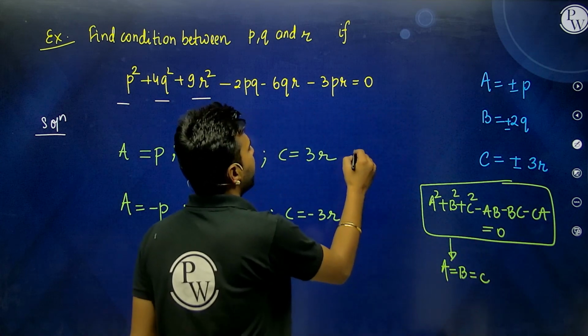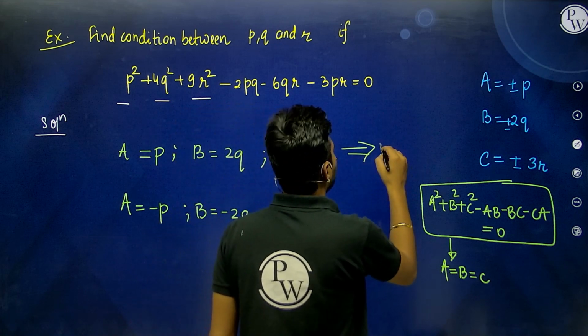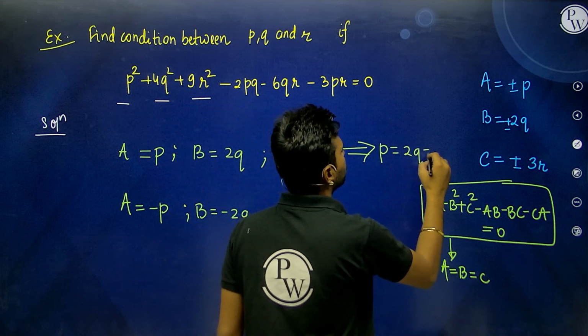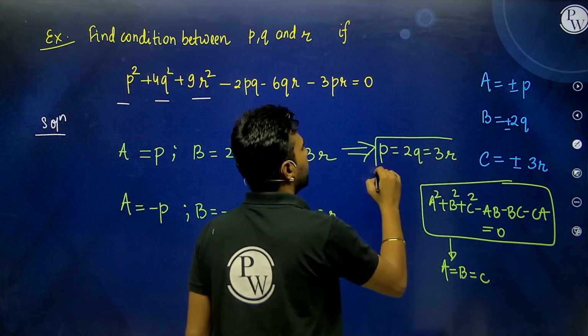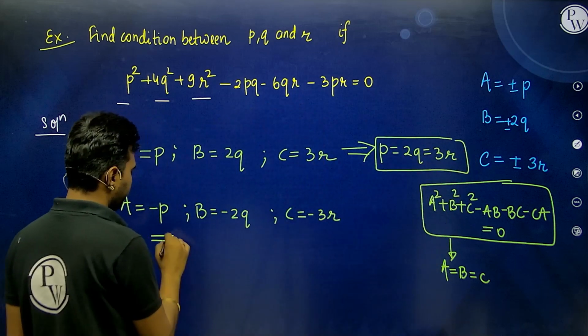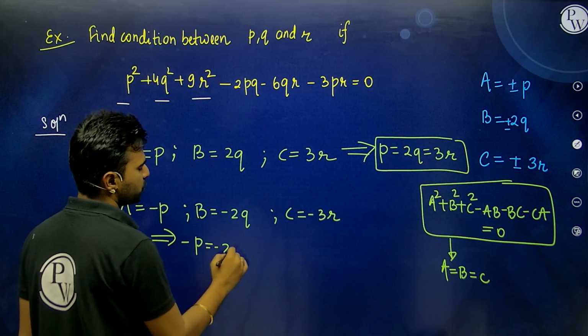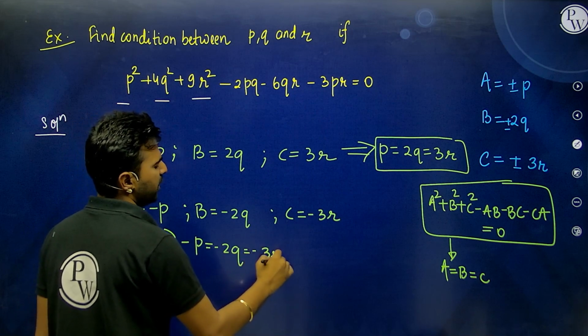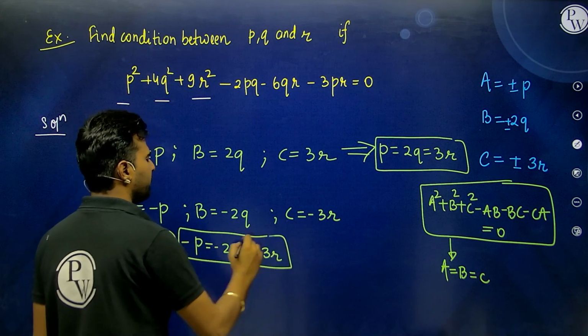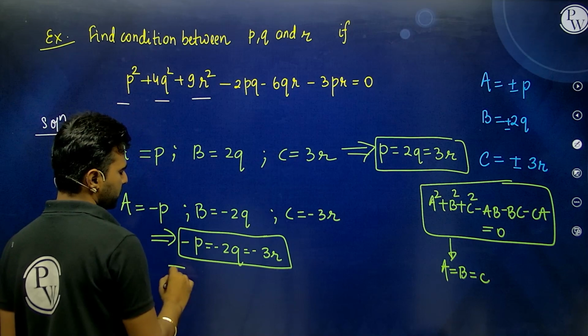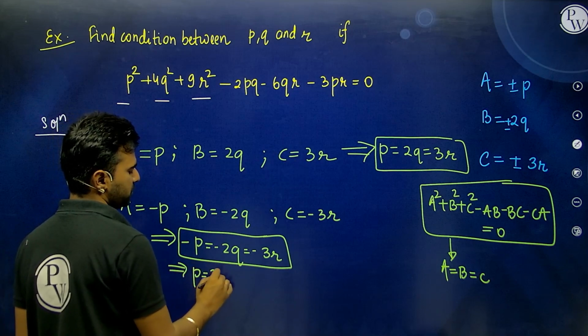If this is the scenario, then P should be equal to 2Q is equal to 3R. And if this is the scenario, then minus P should be equal to minus 2Q is equal to minus 3R. If you cut these minuses, you will feel that both are the same thing, because this can be rewritten like this.